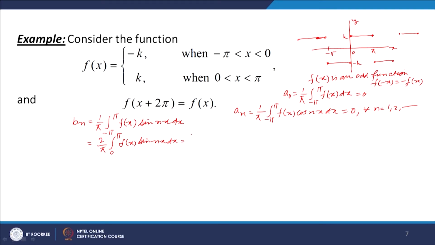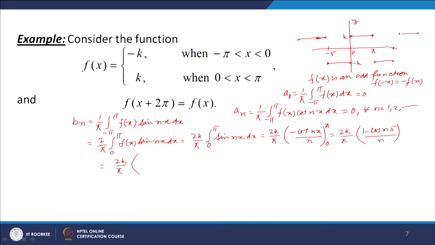So, we can write it as 2k/π, k is a constant, I can write outside, ∫ from 0 to π of sin nx dx, and this will be equal to 2k/π times the integral of sin nx, which is −cos nx/n. So, from 0 to π, we will get (2k/π)(1 − cos nπ)/n, and this is therefore equal to (2k/π)(1 − (−1)^n)/n.